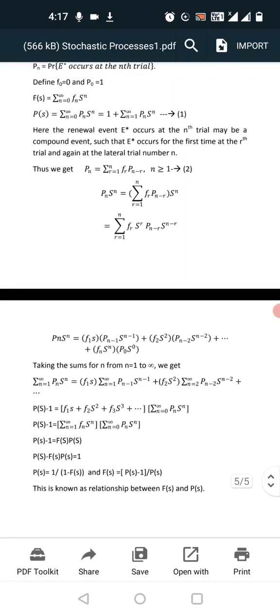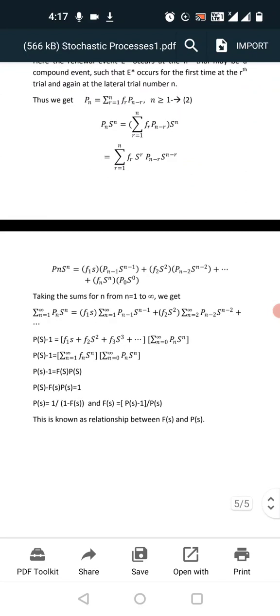Next, pn s power n is equal to, expanding this term for r equal to 1 to n, f1 s pn minus 1 s power n minus 1, plus f2 s square pn minus 2 s power n minus 2, plus etc., plus fn s power n p0 s power 0.